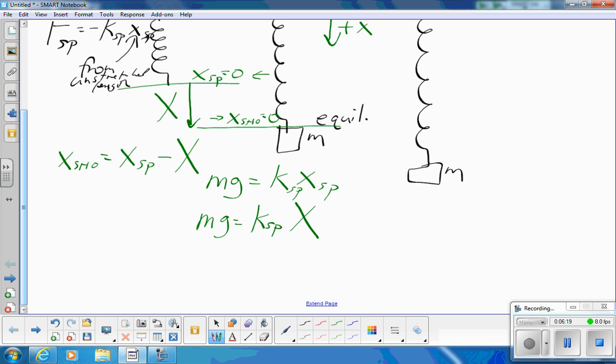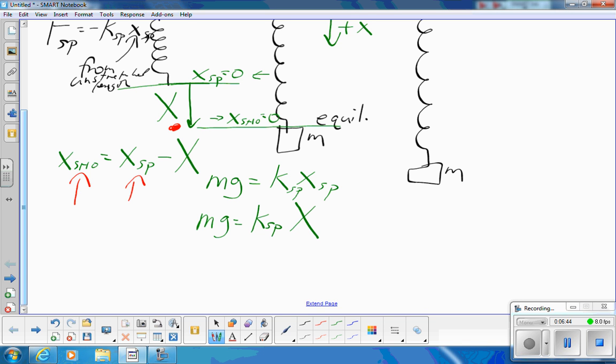Measuring on the x_sp coordinate system, starting from here, the value of this point down here that I'm marking with a red dot, let's say big X is 10 centimeters. On the x_sp coordinate system, x_sp down here is positive 10. x_SHO, though, at that value is 0 because I'm on the origin for the x_SHO axis.